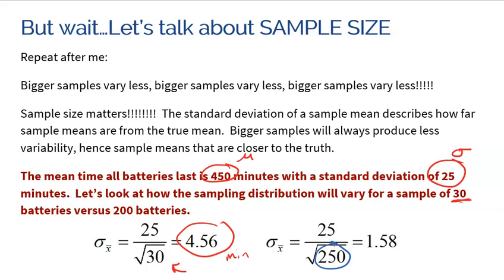Now I'm not talking about one battery. I'm not talking about 30 batteries. I'm talking about the mean of 250. And the mean of a larger sample is going to be closer to the true mean. Yes, any one battery could definitely be 25, 50, 75 minutes higher or lower. But a sample of 250 batteries should not be that far away from the truth of 450.